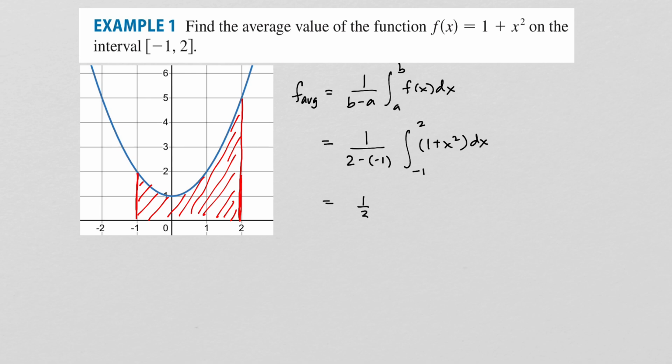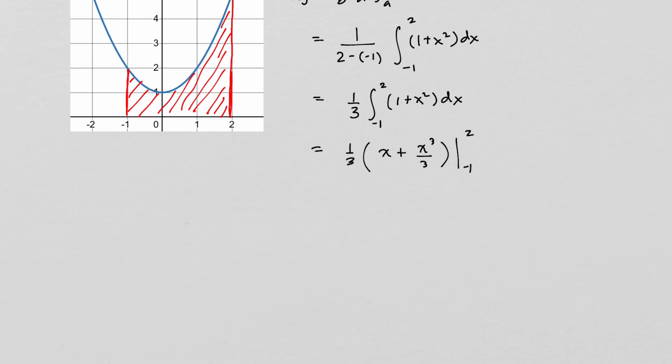So this is equal to 1/3 integral from -1 to 2 of 1 plus x squared. Now if we find the antiderivative of 1, we get x. The antiderivative of x squared is x cubed over 3. And this goes from -1 to 2.